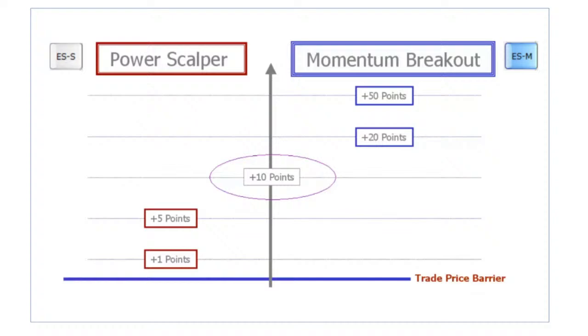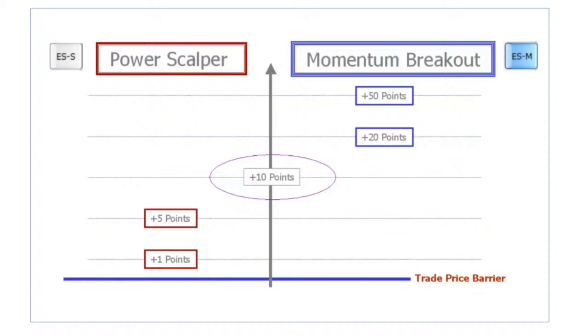So this slide here shows you basically the kind of targeting that you can expect. And with the scalper, and those are the -S channels, like I said, on the ES, you can go for like a point, a couple points, or you can let things run out. And we've had a pretty robust market the last couple of weeks with a lot of point traction.